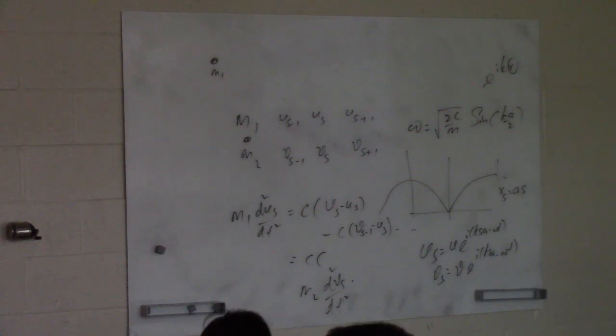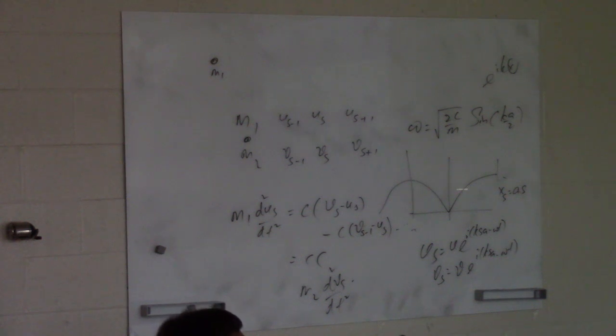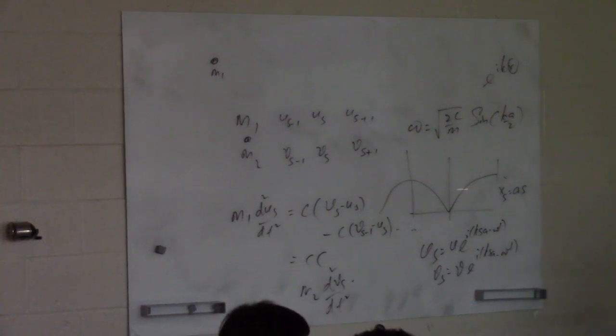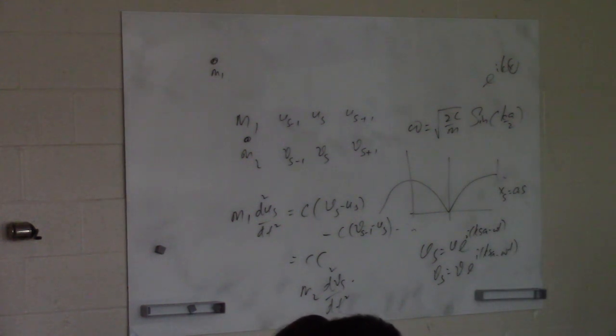Oh yeah, here is the solution. So here Us is this one, Vs is this, and this is basically sk. Here they have capital K or something. Now again, you have to take the second derivative, you get omega squared, that's fine, right?